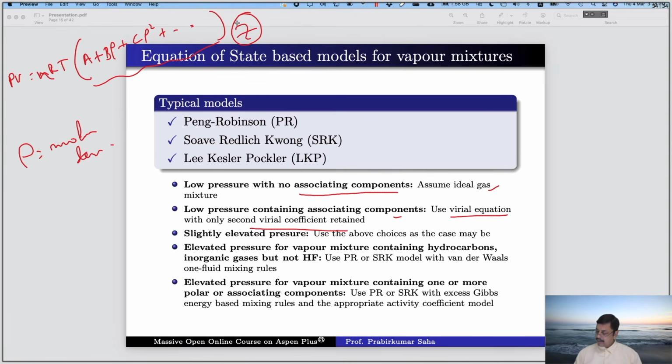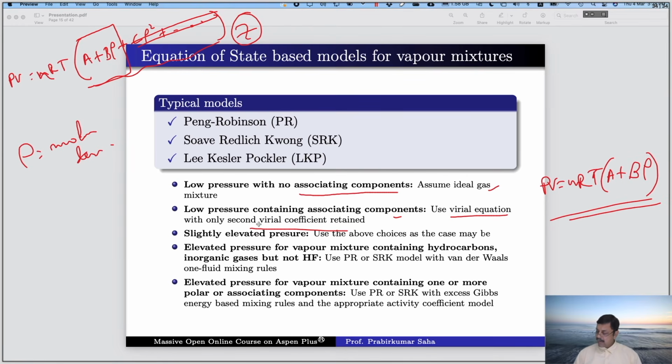And here it is said that only second virial coefficient retained. So all of them will be cut, only this much is written. So actually it should be PV is equal to nRT into A plus B rho. So this kind of virial equation can be used for this system. And if you have slightly elevated pressure, then you can easily associate with either low pressure with associating components or low pressure containing associate component. So you can choose the cases as it may be.